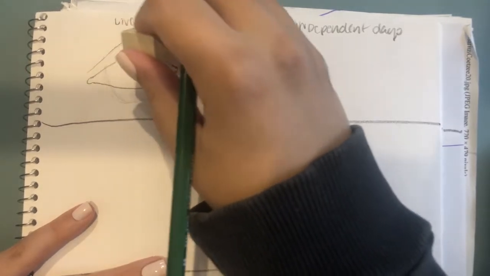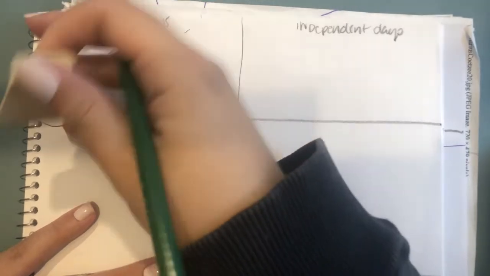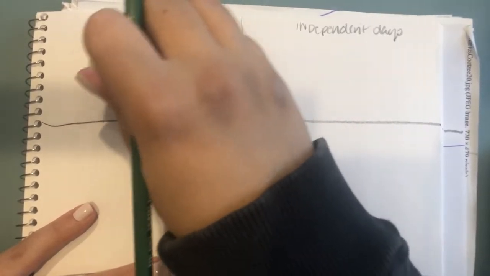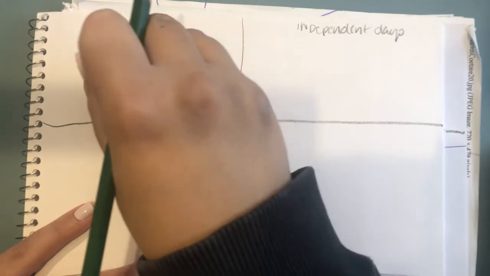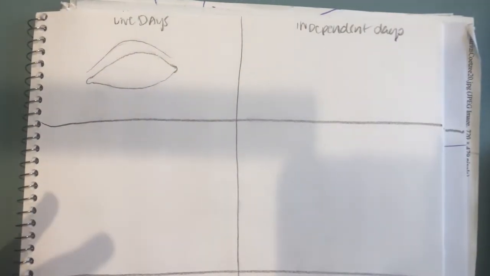We don't really need it anymore. You can really erase it at any point before you actually start shading, but I just figure we might as well get rid of it once we're done using it. So you're left with just those outlines.